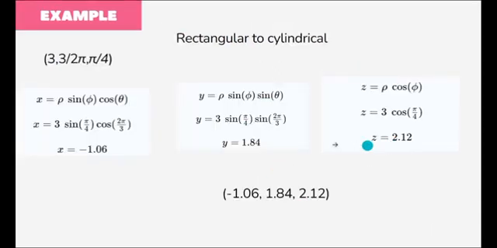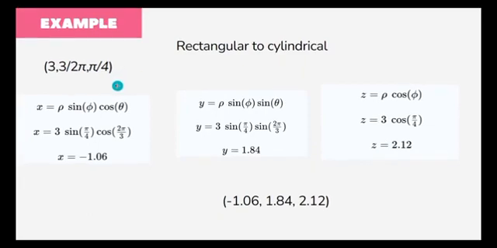And the next example, as the last example, we have is a rectangular coordinate. The spherical coordinate given for this exercise is 3, 2 pi divided by 3, pi divided by 4. And we have the formula to get those. First we start with x.